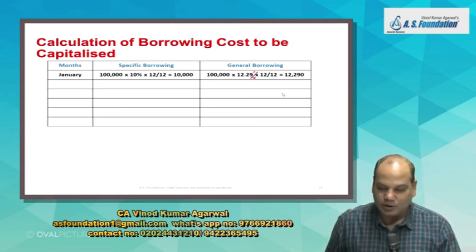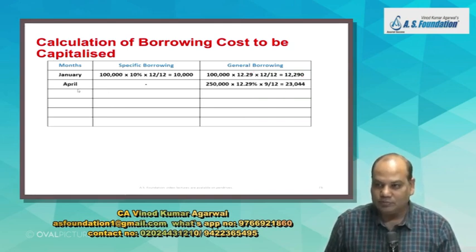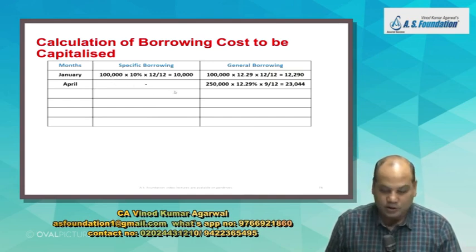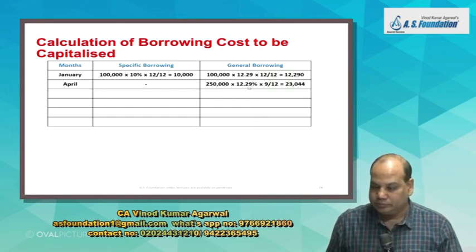When is the next expenditure incurred? April. Question in front of you. Now I have used the entire 1 lakh specific borrowing here. So now whatever expenditure is incurred is out of general borrowing, 2,50,000 into 12.29% into 9 by 12. Why 9 by 12?